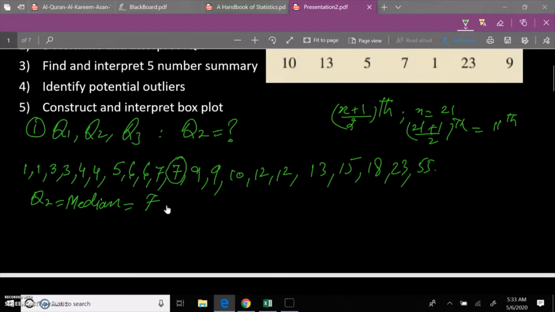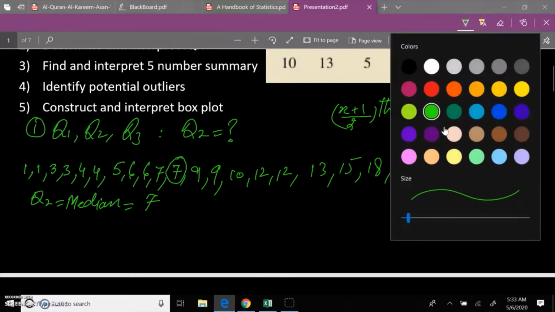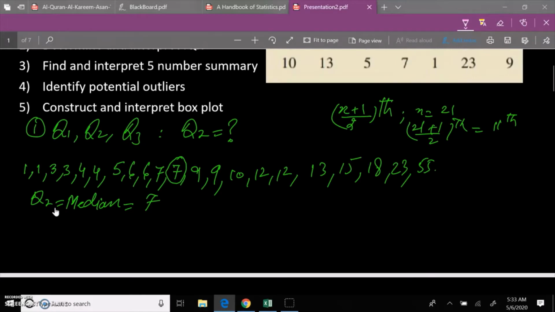Once we have found the second quartile, this median divides our data into two halves. This is one half, and this is the other half.